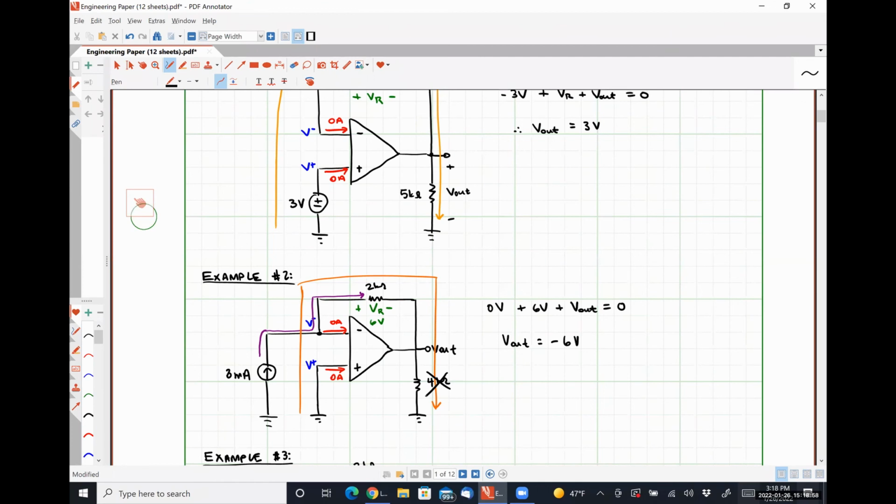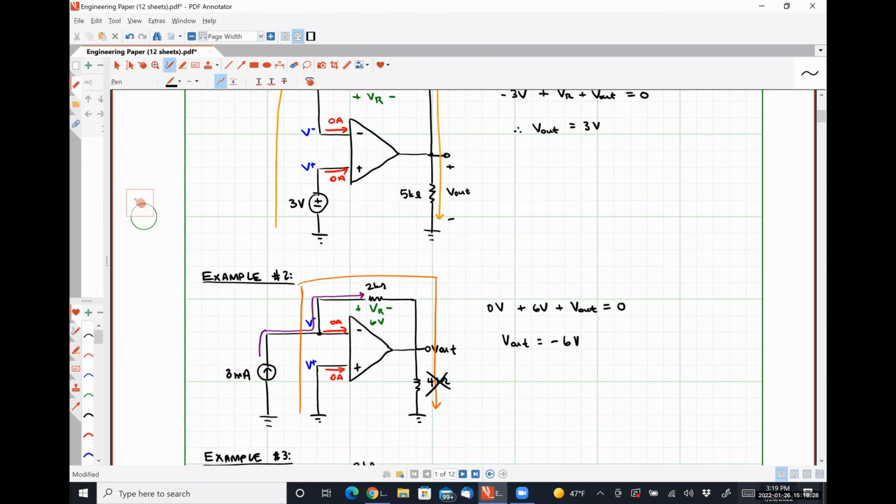So OpAmp rule number 1 says that current cannot flow into or out of the input terminals of the OpAmp. It does not say anything about current flowing into or out of the output terminal. So effectively, if we had open circuited one of these guys, we can't really see the effects of where the current is going because we're not including the power supply terminals or the internal circuitry or anything like that.